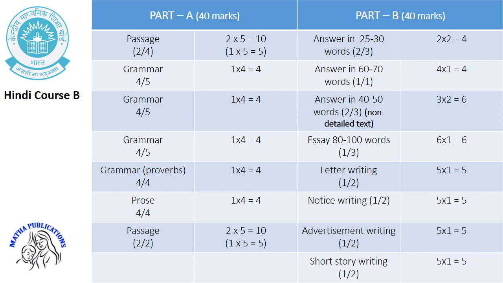In letter, notice, advertisement and short story writing, you need to choose one from the 2 options given, and all of them carry 5 marks each. Therefore, the writing section in total carries 26 marks. Thus, part A carries 40 marks and part B carries 40 marks, with a total of 80 marks for the examination.